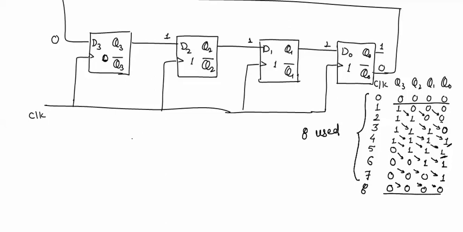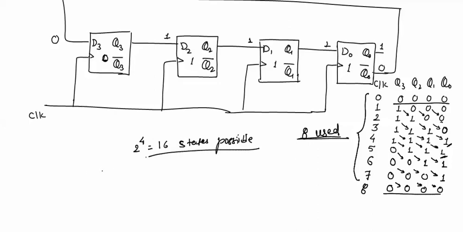With 4 flip-flops we know that 2 raised to power 4 equals 16 states are possible, as we have already seen in ripple counters. In a counter with 4 flip-flops there are 16 states possible, but in a ring counter, twisted ring counter, we have only 8 used states.